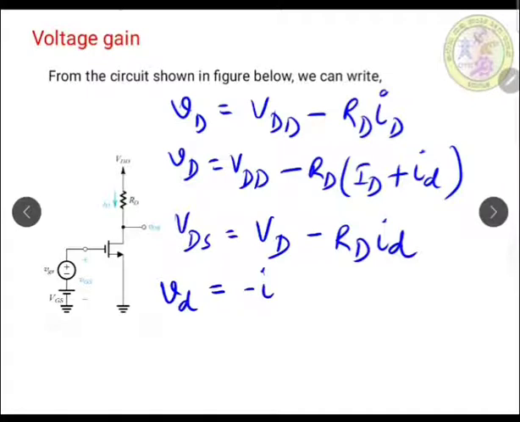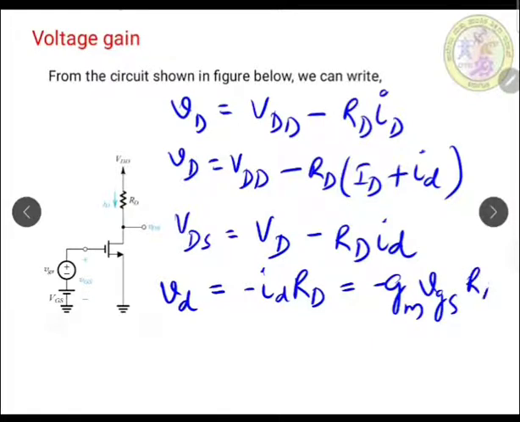So this will be minus id into RD, but id is nothing but gm into vgs, so minus gm into vgs into RD, because we have the relation for transconductance, where gm is nothing but the ratio of id by vgs. Using that, it is possible to represent vd as a product of gm, vgs and RD.